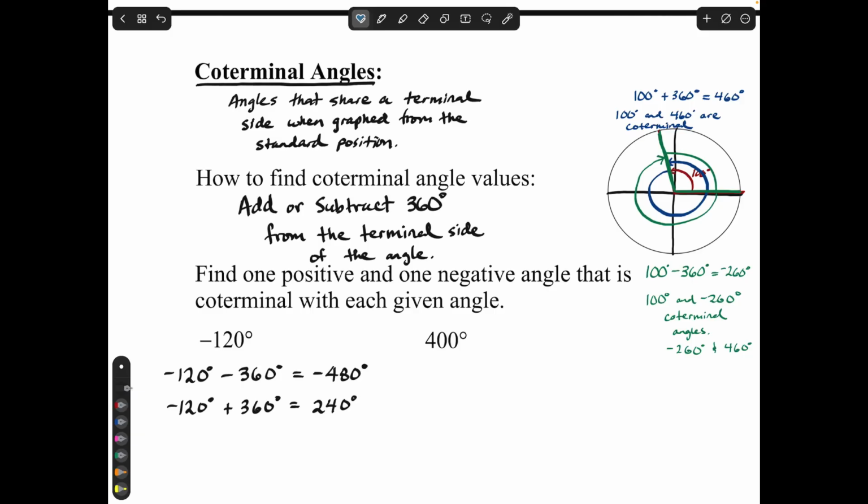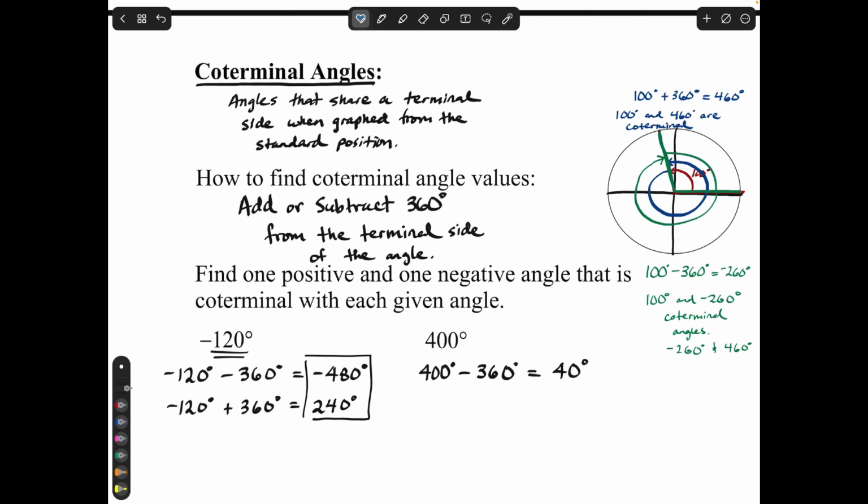Same thing with 400. If I did 400 degrees minus 360 degrees, that's going to leave me with 40 degrees. Now, they want one positive and one negative. Right now, I already got my positive, but if I add 360 to 400, I'm not going to get a negative angle.